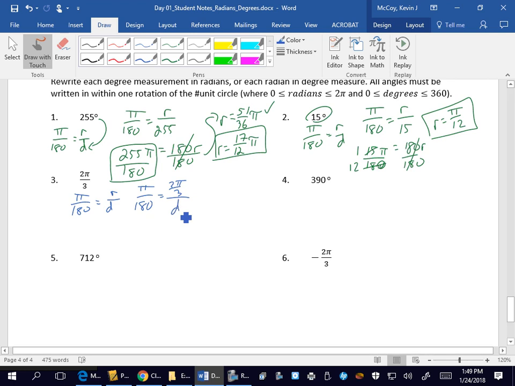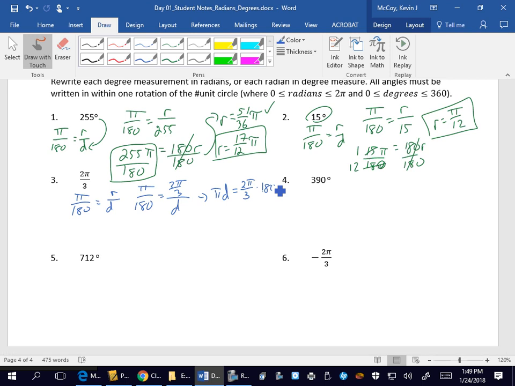We're still going to cross multiply. Trust me, we want to get rid of this big old messy fraction on the right anyway. So what we get is pi d equals 2/3 pi times 180. Now, you do have to be able to simplify this because otherwise dividing by pi is going to leave it unsimplified.